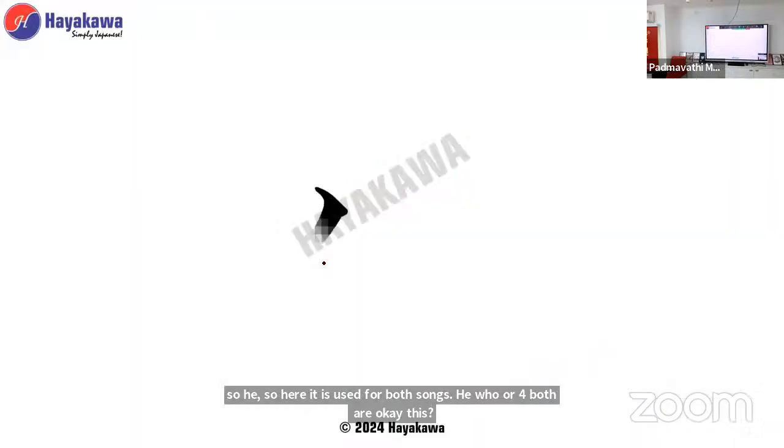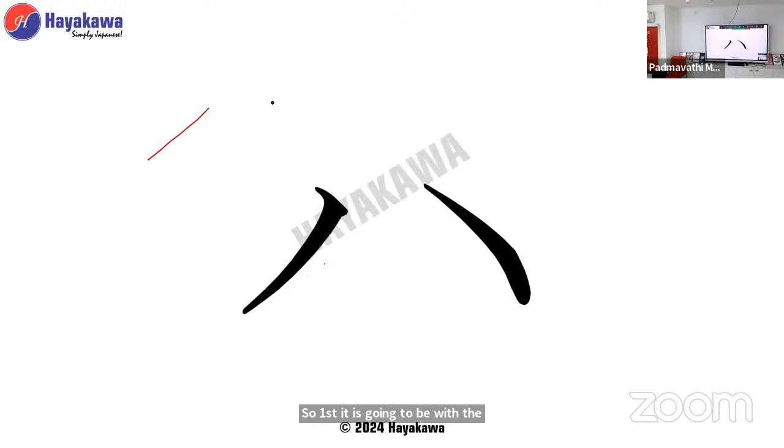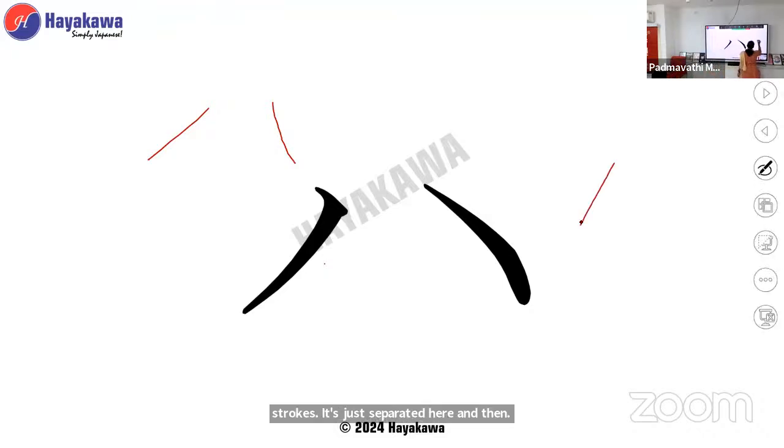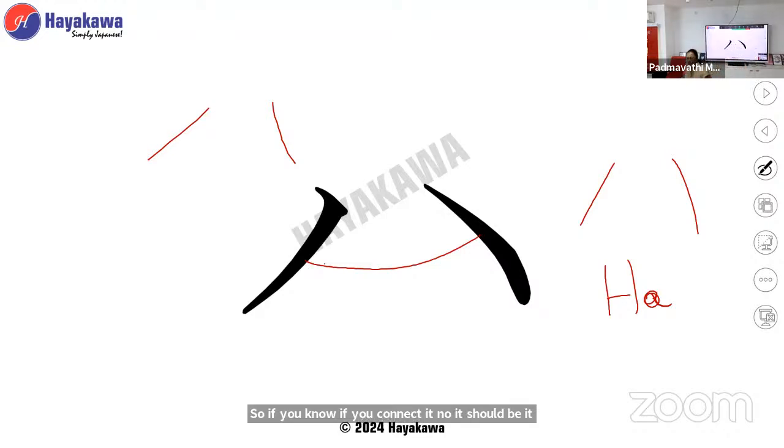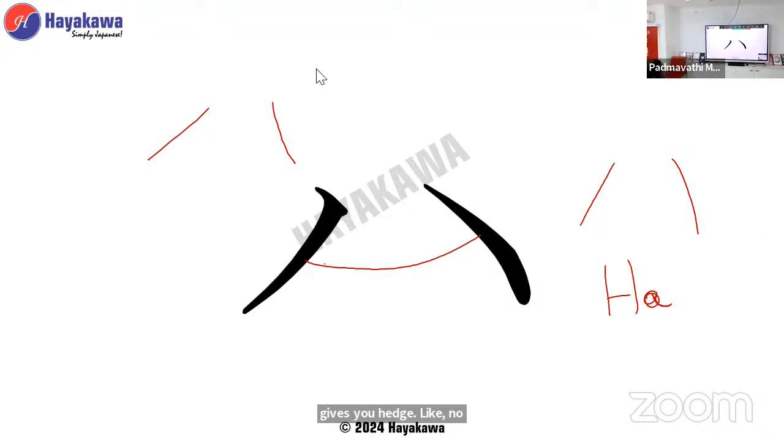So first it is going to be with ha. Right? 1 and 2. So 2 strokes which are separated here and there. Then this is going to be ha. 1 and 2. So if you connect it, it gives you an H-like image. So it's going to be ha, 1 and 2.